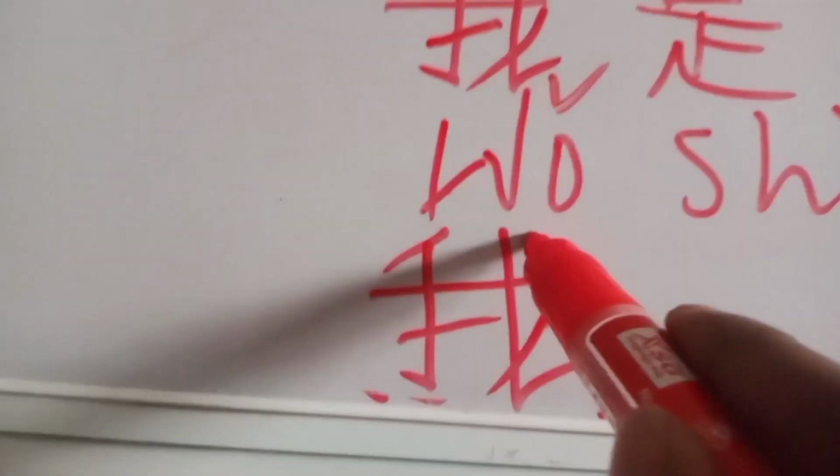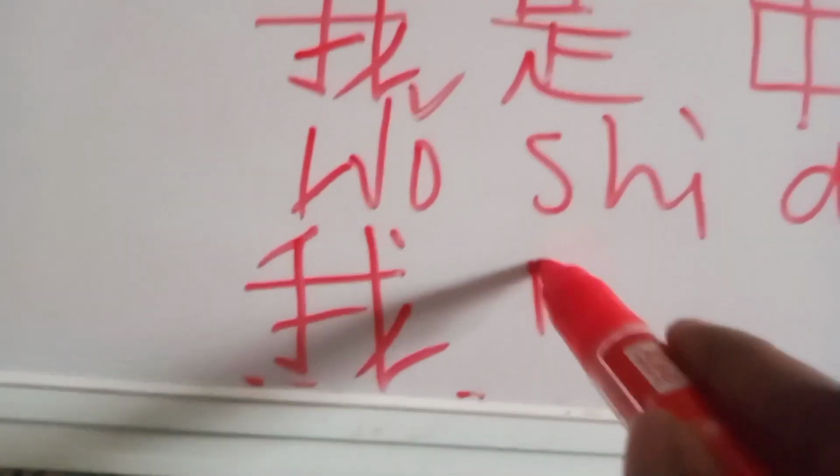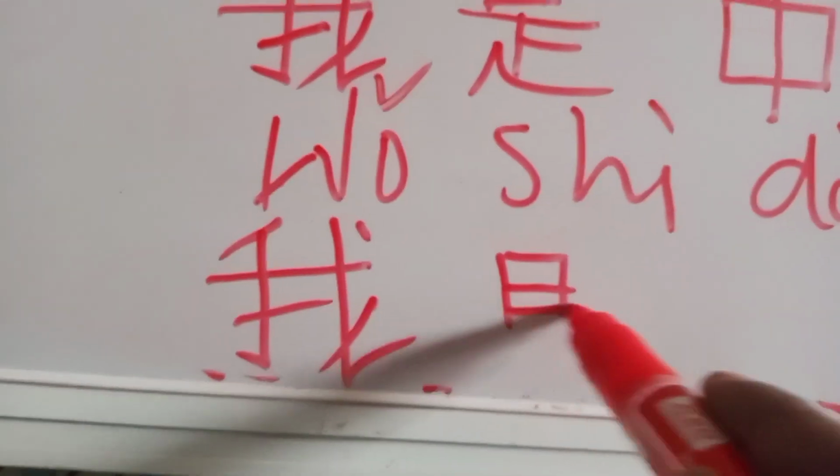Our 我 again. We write 我 again. I can write this character in my dreams. If you wake me up and tell me to write it, I will write these characters because I write every day.